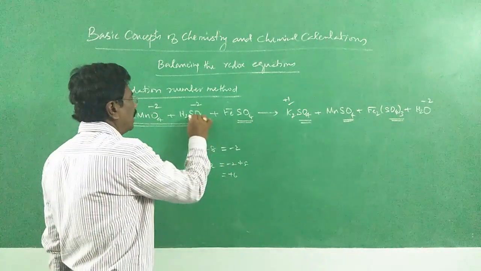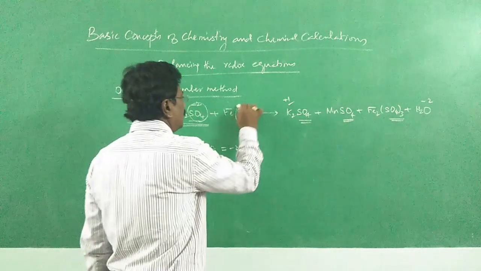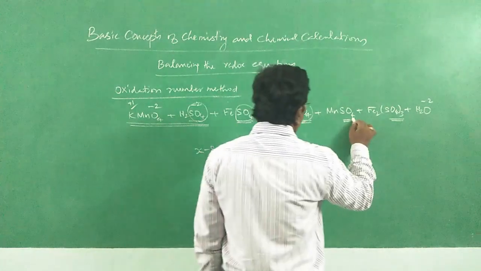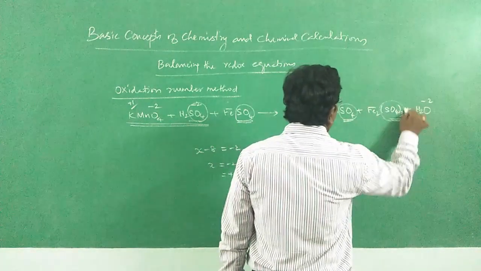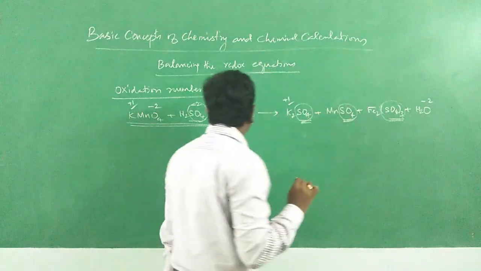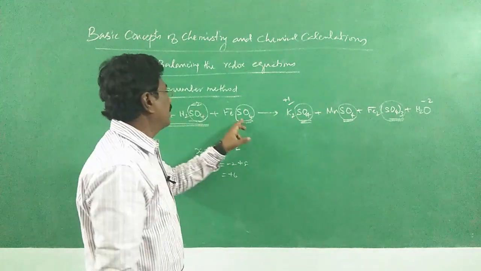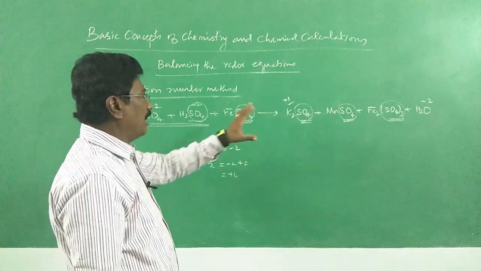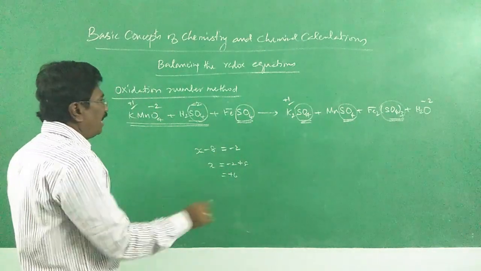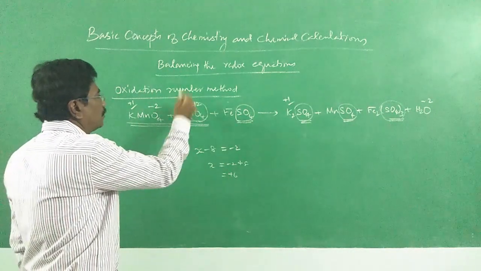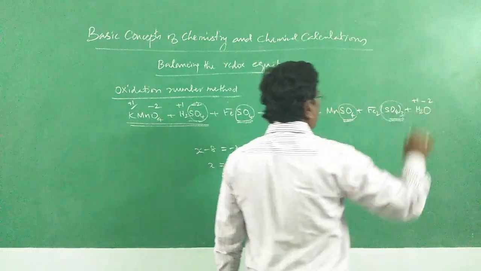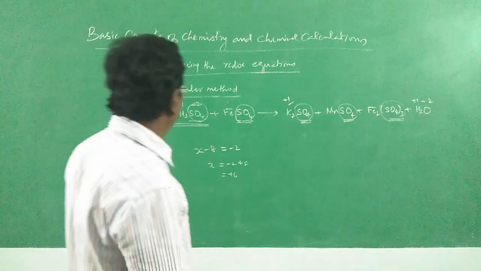So in all the sulfate compounds, sulfur is in +6, oxygen is in -2, and therefore we need not bother about the oxidation state of sulfur and oxygen in sulfate. In all, it will remain as such. Hydrogen, in all its compounds, is +1 only. Only in metal hydrides, it will show different oxidation state.